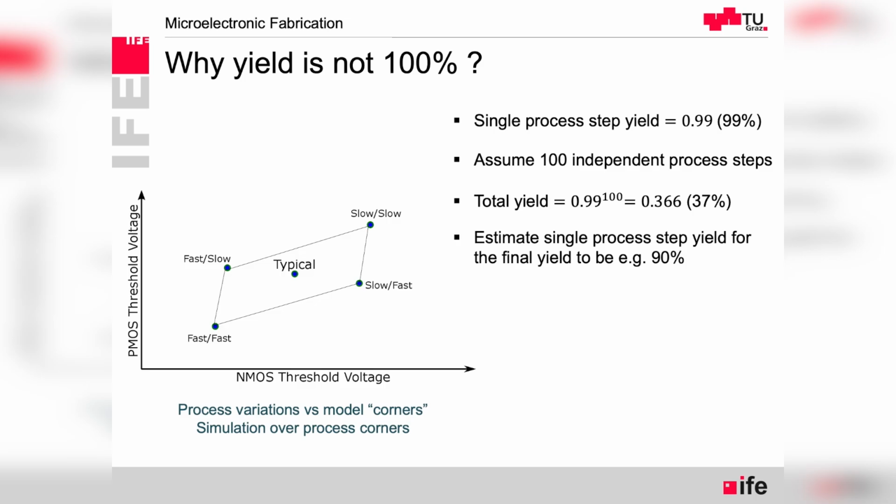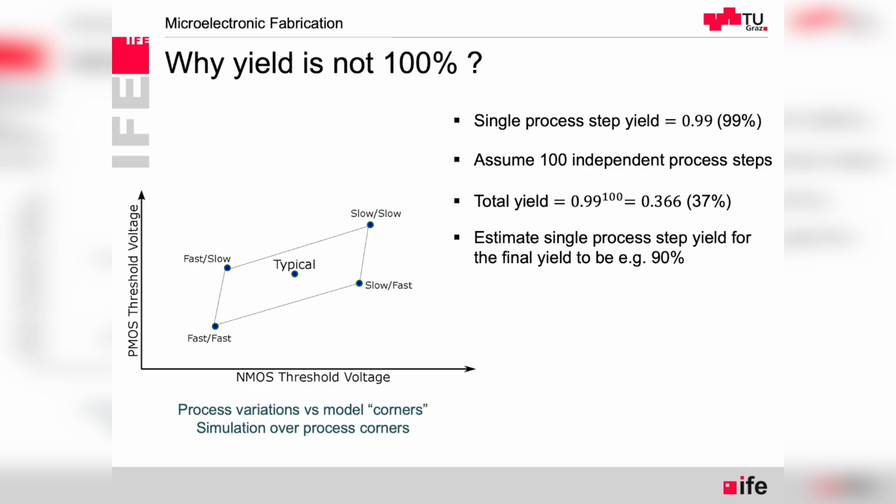So our designer ends up making simulations over all those corners, making sure that at each process corner, which is related to some deviation in one of those single 100 processes in the fabrication, one process is somewhere towards the right, left, top, bottom.